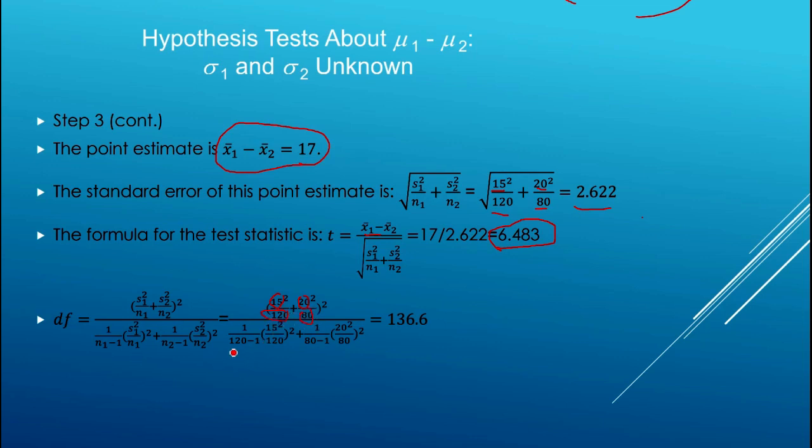We put all of those in the right places, and those are the only 4 parameters we really need to look up and plug in, and we follow our order of operations, or preferably use a computer to do this for us so we don't make a mistake. We really don't want to do this even on a handheld calculator or something. And we get an answer of 136.6. So that's our degrees of freedom. We're always going to round that down. That's sort of a conservative approach, just to round that down. So we'll use a degrees of freedom of 136.